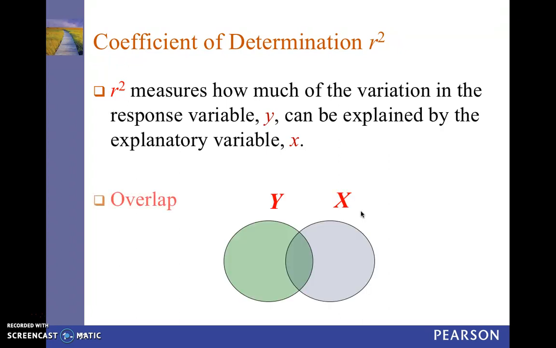Probably a better way of thinking about it, it reflects the amount of overlap between the two variables. And so this is oftentimes an important thing to have with your correlation. In some ways, it might be a more powerful thing to interpret. And once again, you get it just by squaring the r and then translating that decimal to a percentage.